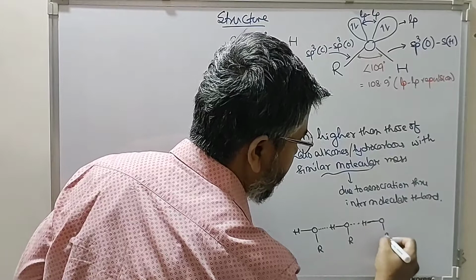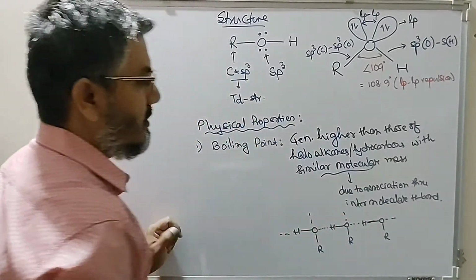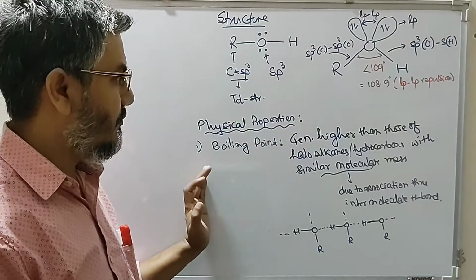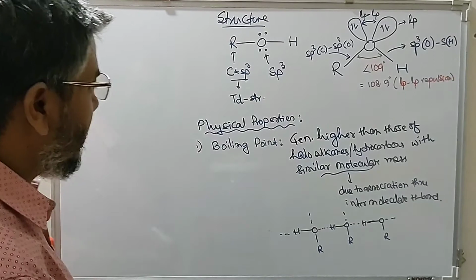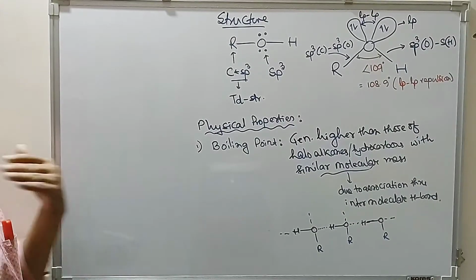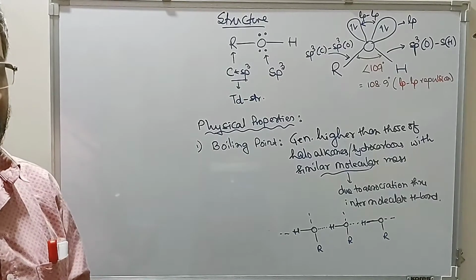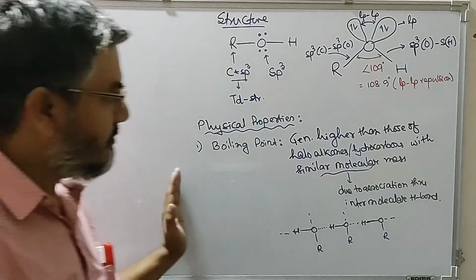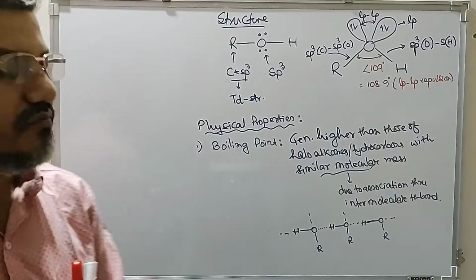So because of this type of intermolecular hydrogen bond, the boiling point of alcohols are generally high. But if you look at this, when we compare the boiling points of isomers, we will compare the boiling points of homologous series.